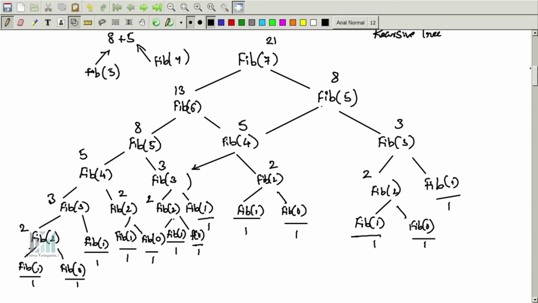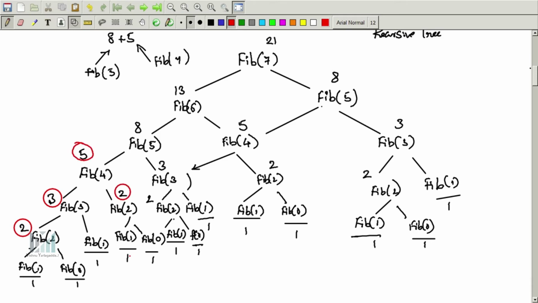So likewise the addition will happen in backtracking. That means the reverse addition will be performed. You can see from the bottom, 1 plus 1 is 2. 2 plus 1 is 3. Similarly 1 plus 1 is 2. 3 plus 2 is 5.